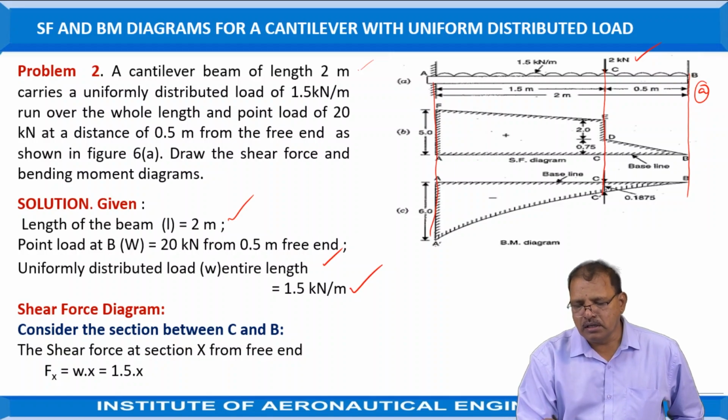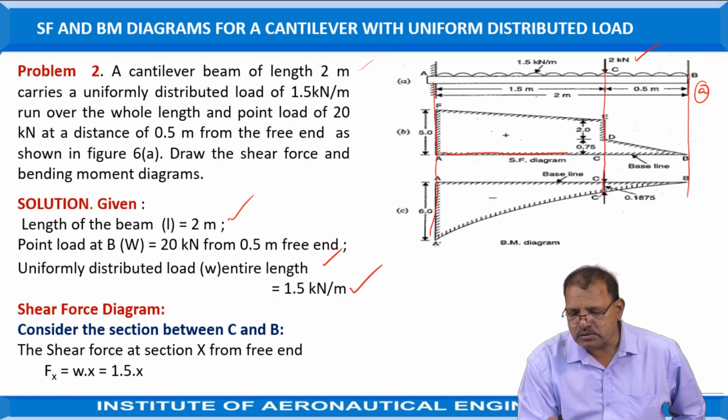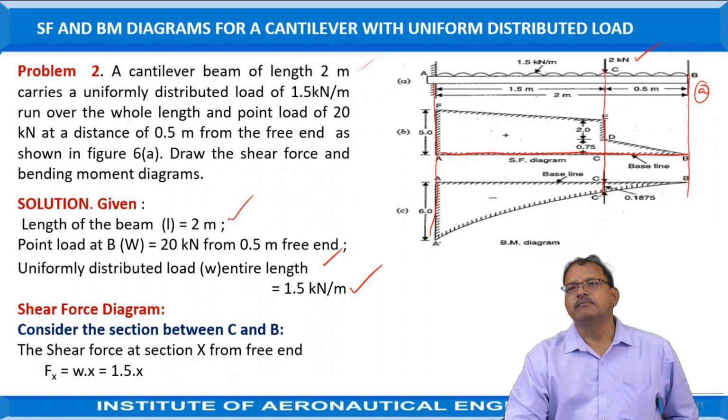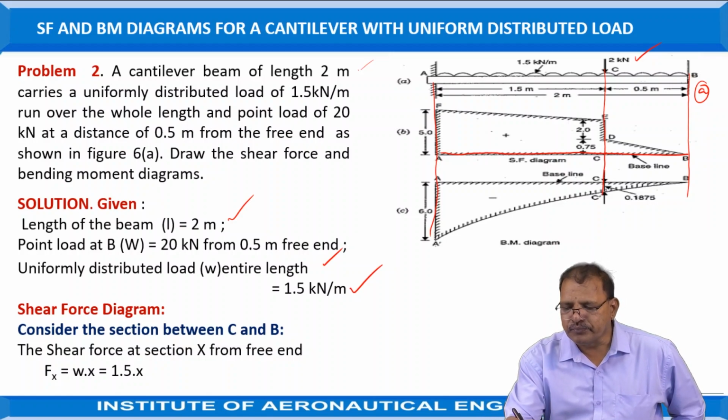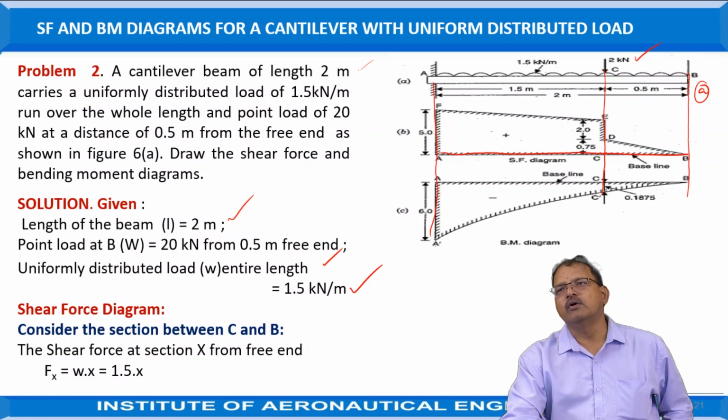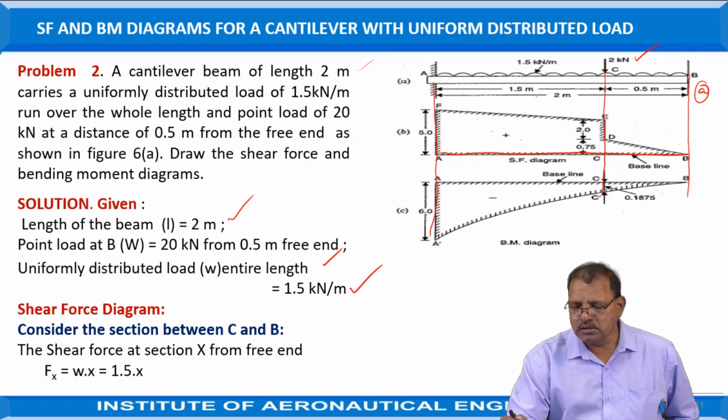And draw one horizontal line to represent the length of the beam along the x-axis. This is known as B. Since there is no point load active here, there is only the uniformly distributed load.